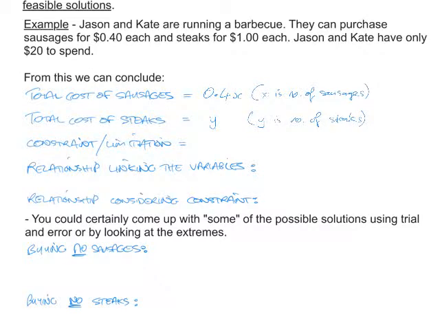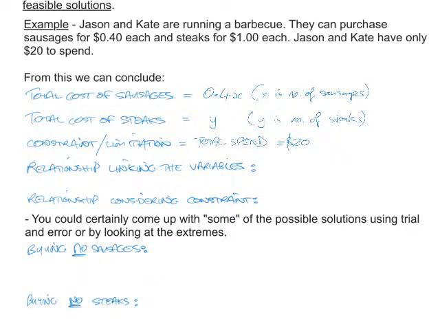Alright, constraint limitation. Now we have to think about what the limitation or the constraint entails. It's saying that they have only $20 to spend. So the constraint limitation is telling us total spend must be $20 or less if they're allowed to spend less than that.